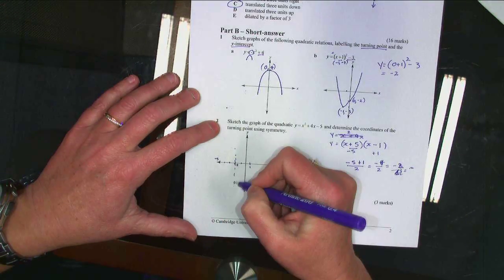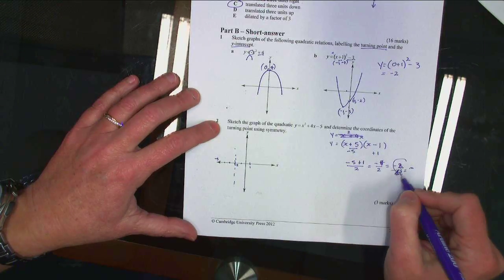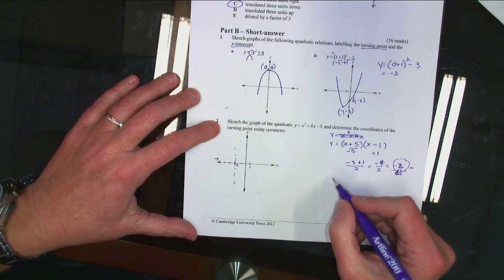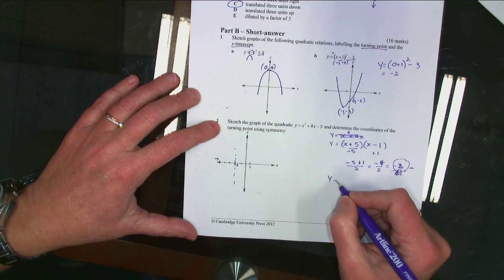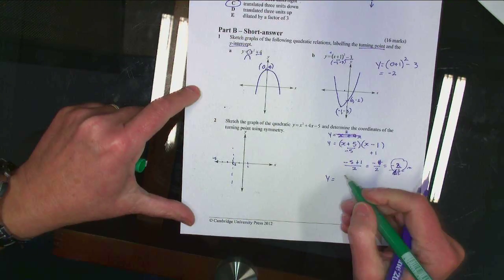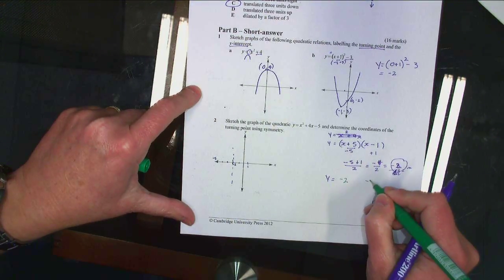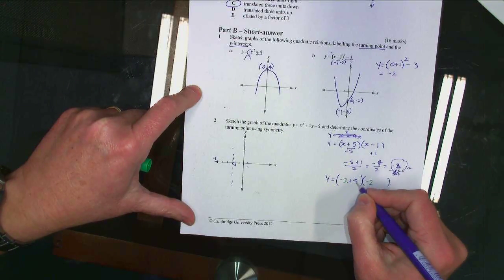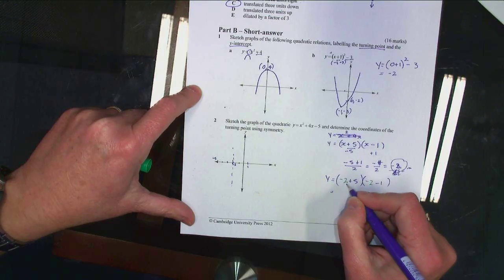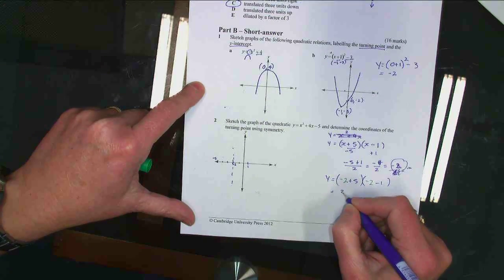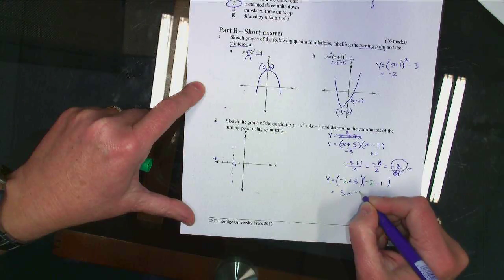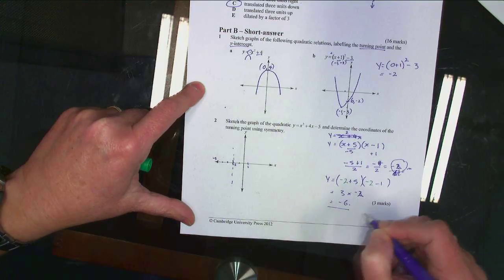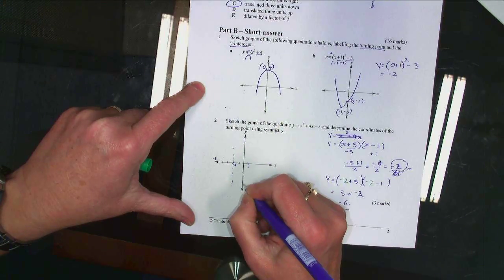To work out how far down my turning point is, I put that -2 as the x-coordinate into this equation: y equals (-2 + 5)(-2 - 1). -2 plus 5 is 3, and that's times -3, which is -9. Sorry, that's where we're going to be down here: 1, 2, 3, 4, 5, 6.